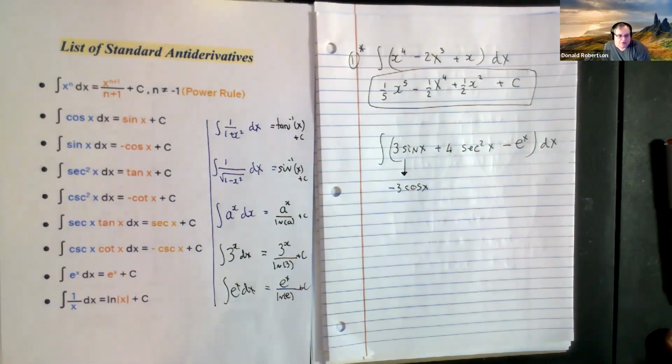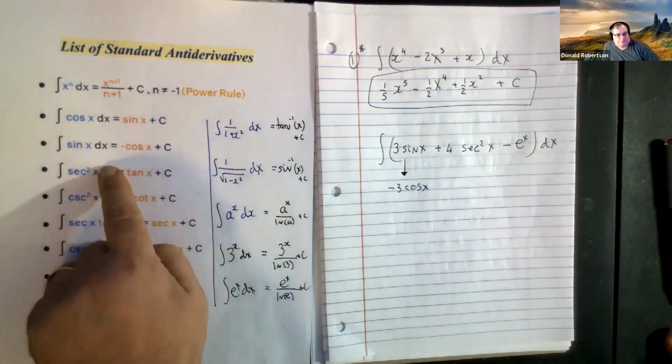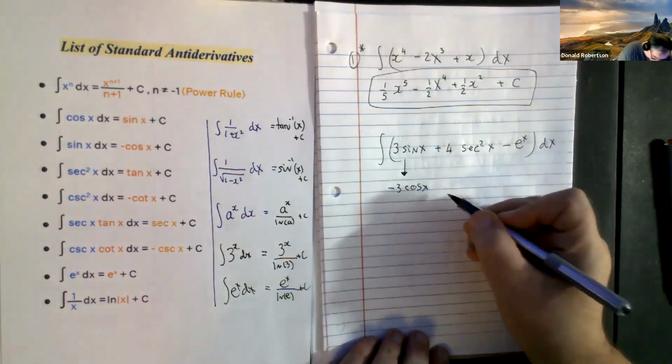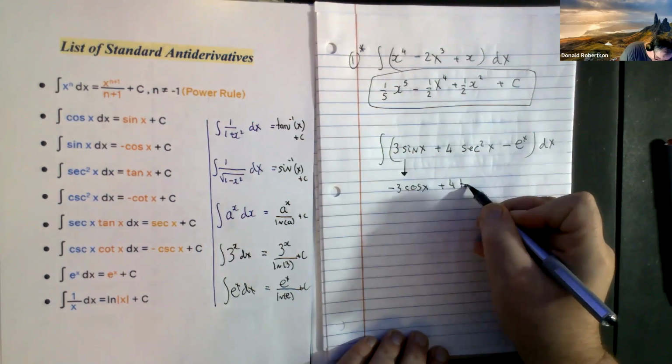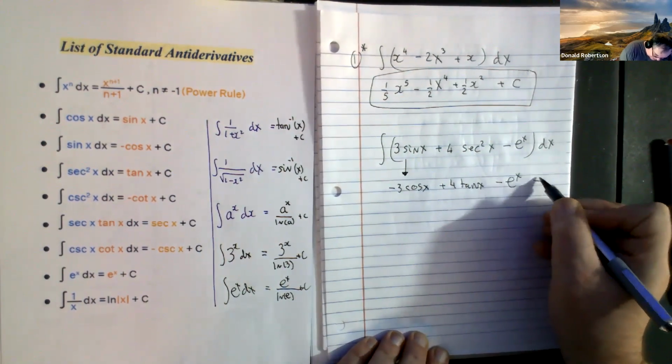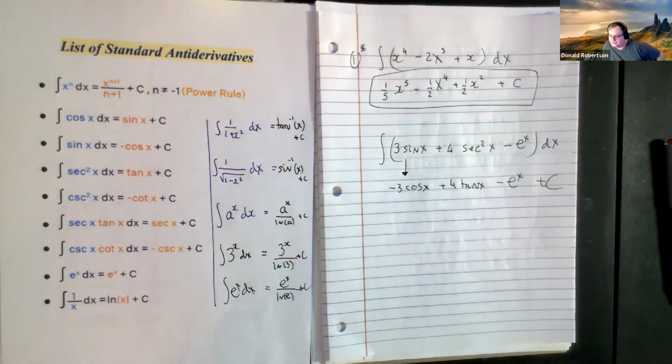Antiderivative of 4 secant squared x: tan x. Okay, so 4 of them get you 4 tan x. And isn't e to the x, so you get that guy, and you finish with a plus c. See how easy it is?